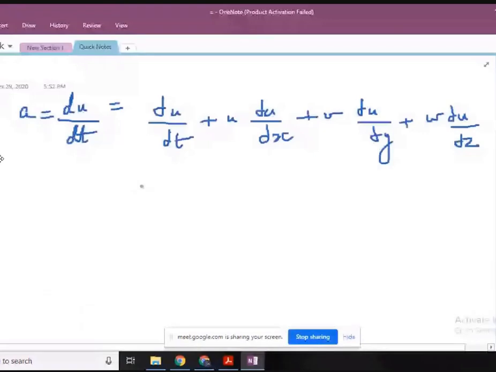So here it says the total change, you can call it the total derivative of any property, is equal to the following.